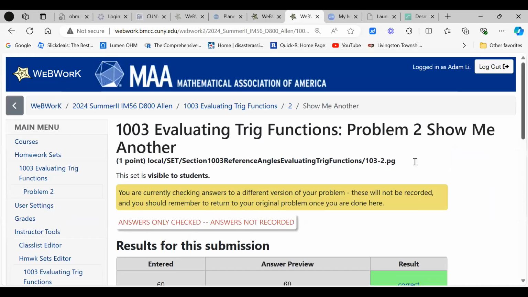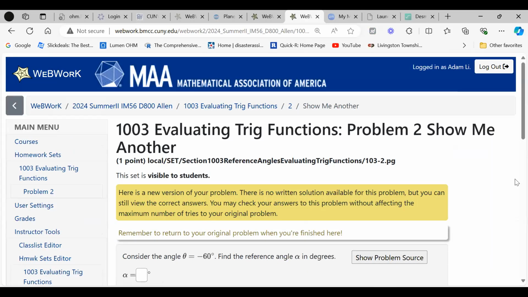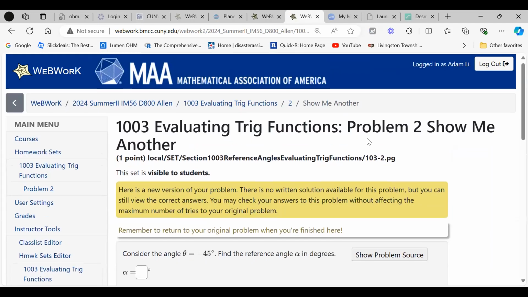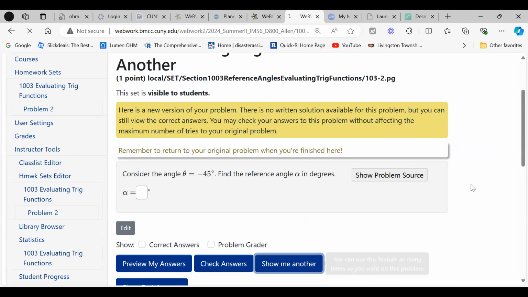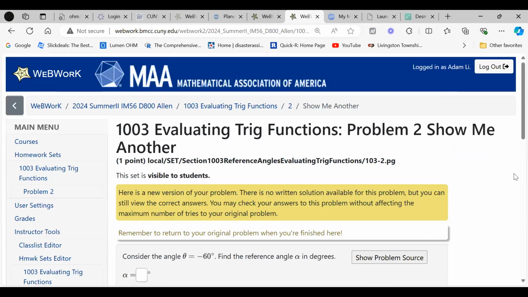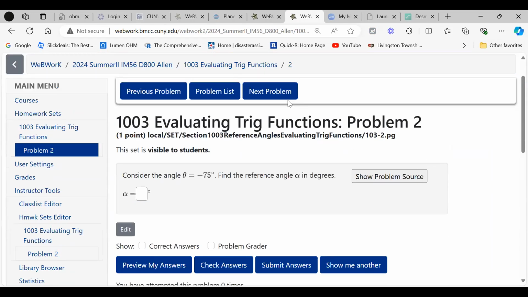This is a tricky part about reference angle, because you have to be a little bit flexible to tackle this type of problem. Okay, let's get to the next problem. If it's located in the third quadrant, we always get a fourth quadrant one.